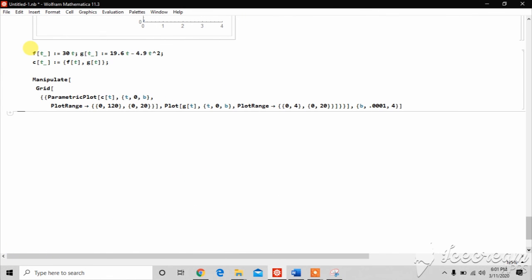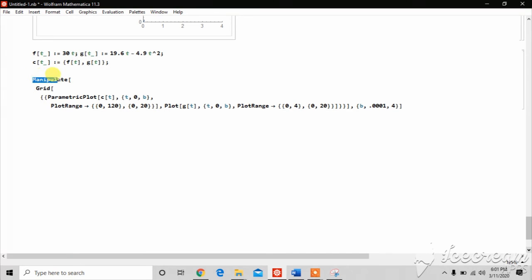f of t and g of t over here, f of t and g of t. Show in Mathematica is used to represent both functions, as I demonstrated in the previous video. Now this is the case of projectile motion followed by a particle.